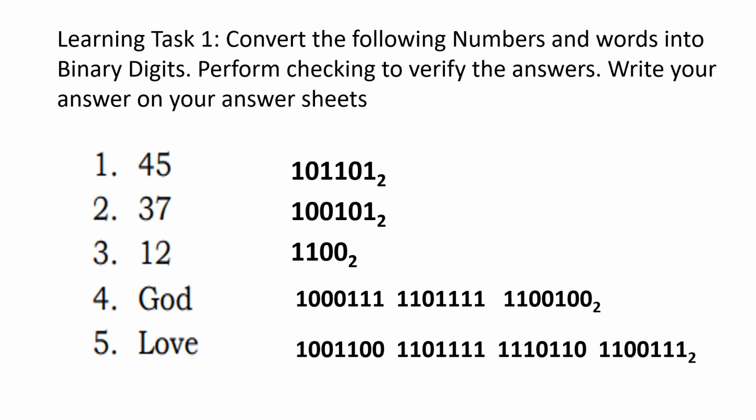If not, it's okay. You go back to the video. You review this video once again. And you will learn how to get the binary equivalent of the ASCII code that I gave you.